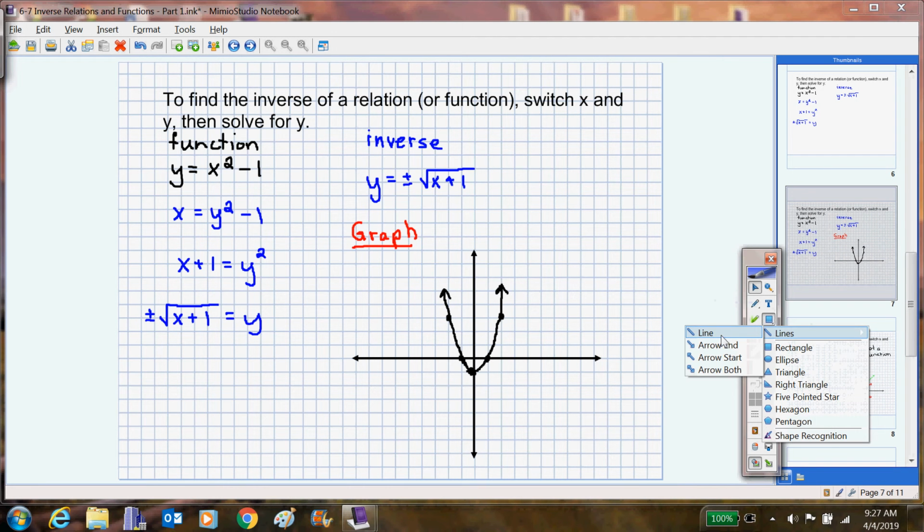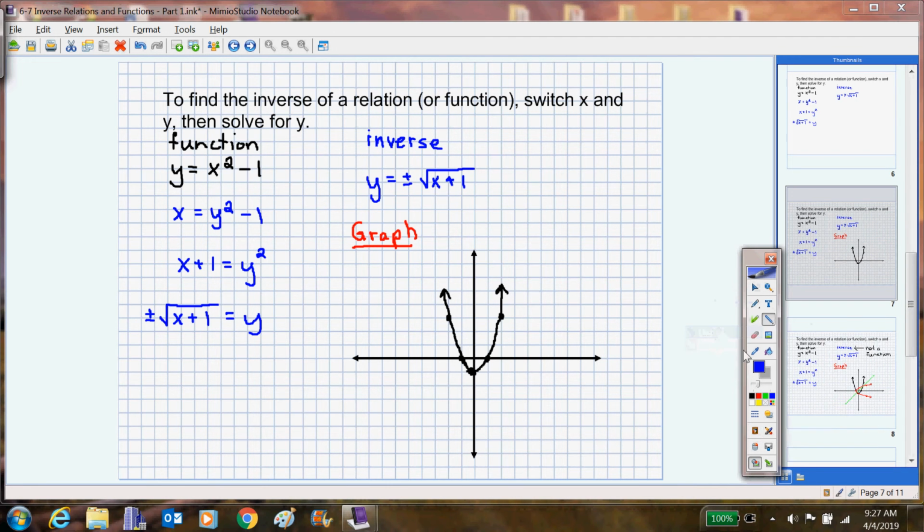I'm going to put in a dashed line, start down here and go up through like this. Please make sure it's right through those corners, very carefully adjust your ruler.